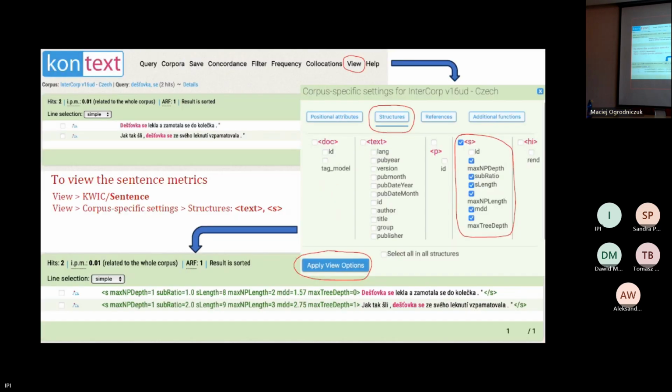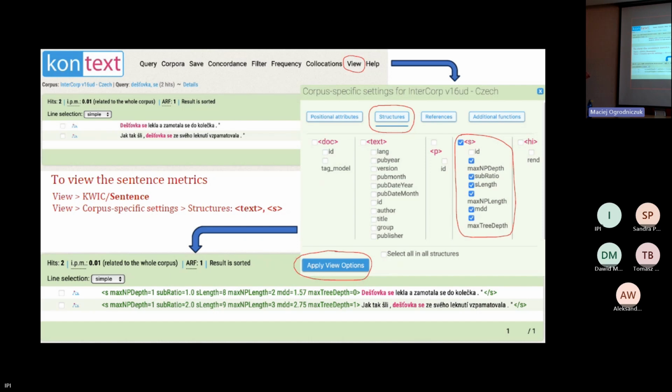Okay, now about these metrics finally. You might just want to see those metrics for each sentence. So you find something like that, and then you go again, not to frequency, but to view, click on structures, and then in structures you have the list of what you can say about the sentence.